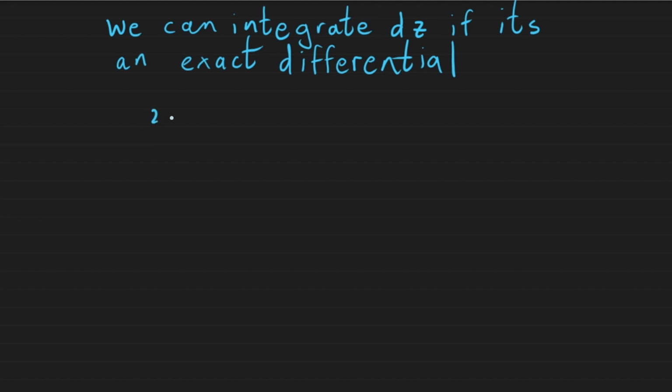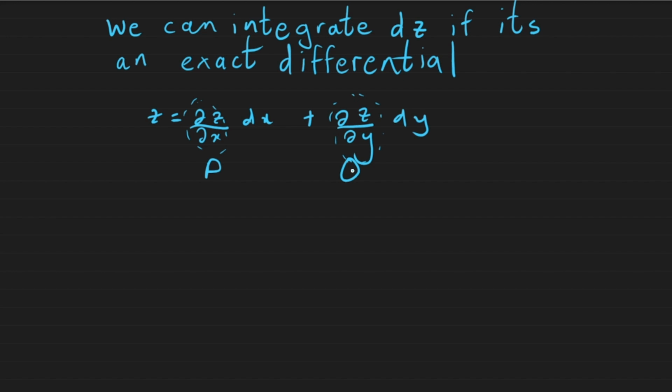So our function is dz equal to dz/dx dx plus dz/dy dy. What we do, we call this first derivative p and this derivative with respect to y q.